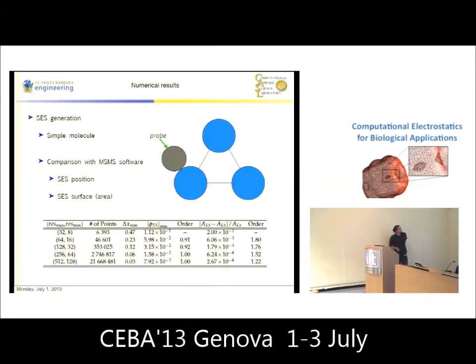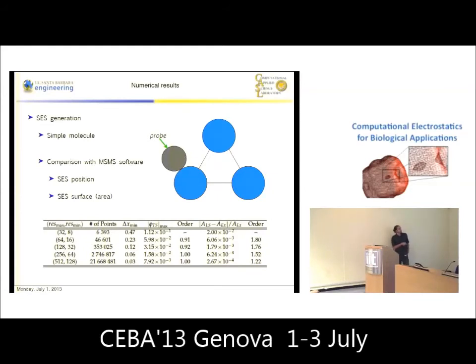So let me show you some numerical results. First, I want to start with this very simple case. Imagine that you have this molecule composed of 3 atoms. This is the probe, and we build the SES, and then we use our Poisson-Boltzmann solver for this geometry.